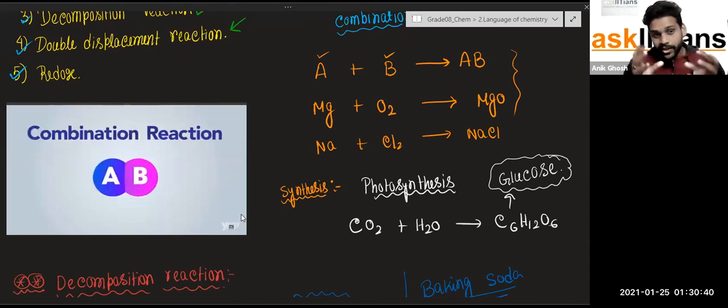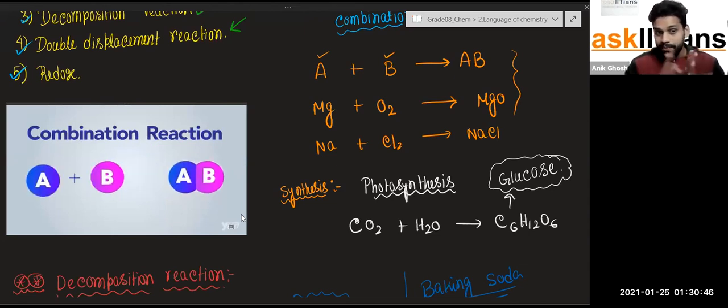You can see the combination reaction: when two atoms, A and B, combine together, we call it AB. So the generalized formula is A plus B gives you AB. This is the combination reaction. Got it?